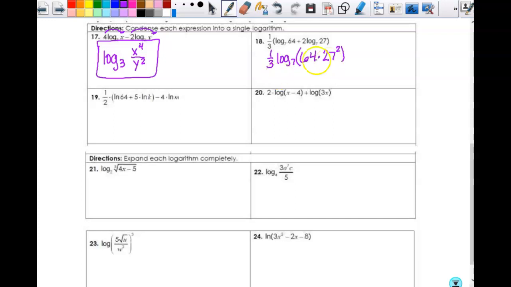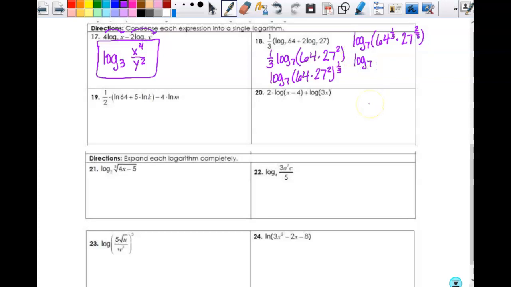So I will get, and I'm not going to do any of that mess yet, log base 7 of 64 times 27 squared to the 1/3 power. Then I can distribute that exponent and make this a whole lot easier. So log base 7 of 64 to the 1/3 power times 27 to the 2/3 power.